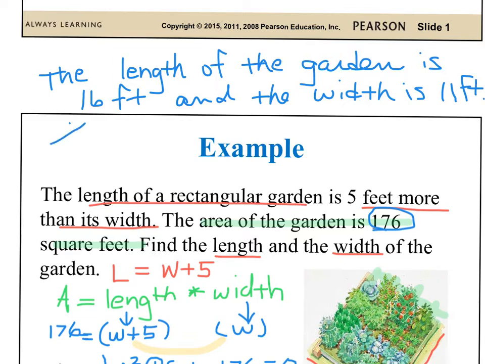And we know that's 16 feet because 11 feet, from this declaration of variable, 11 plus 5 gave us 16.